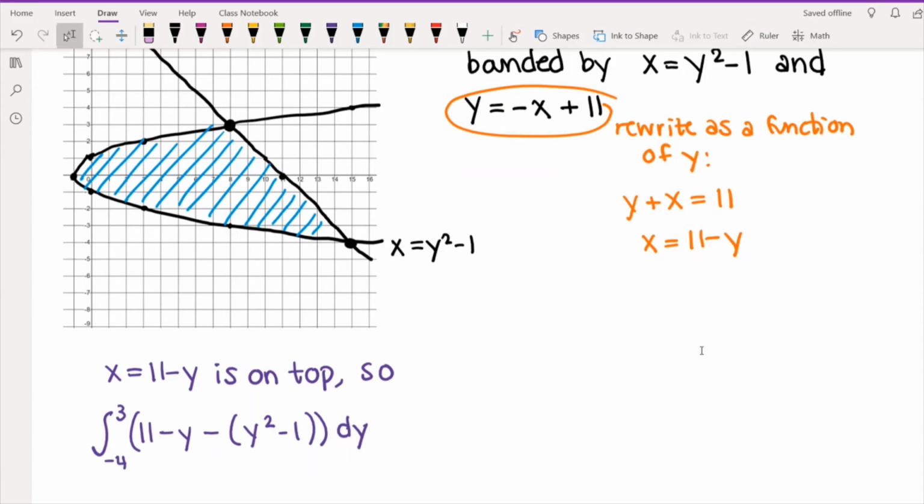Or we could even replace it with x if we want. That would maybe be a little confusing because x would represent something different than what it represented in our graph. But once you're at the point where you're actually evaluating the integral, it literally doesn't matter at all what variable you're using. The variable here just has significance because it corresponds to our picture.